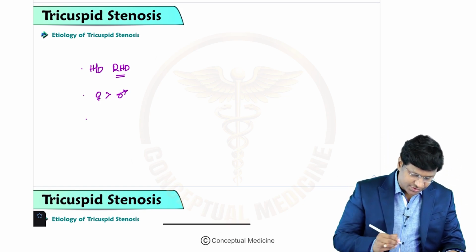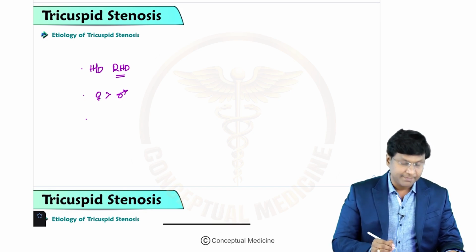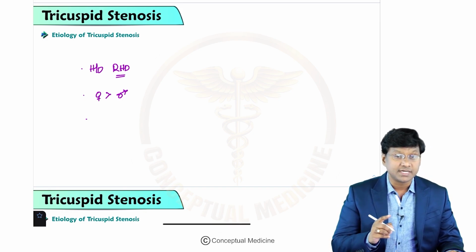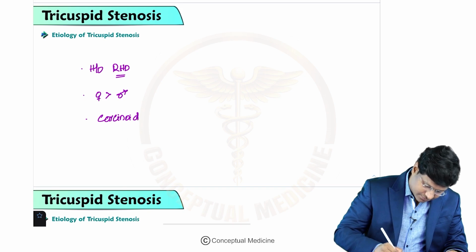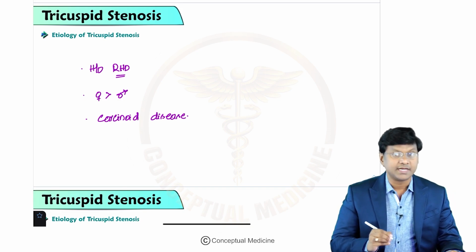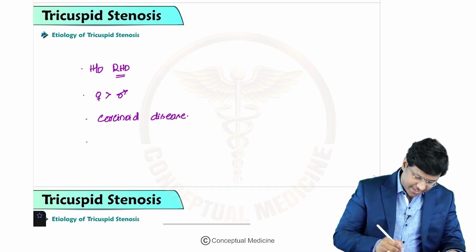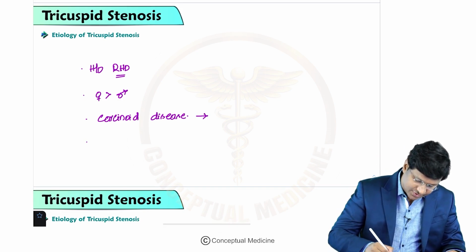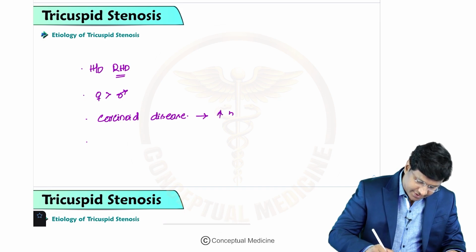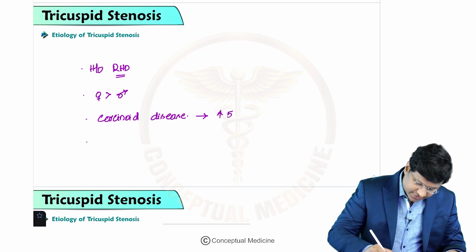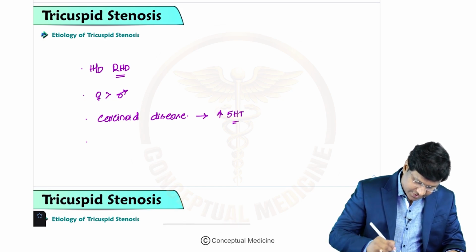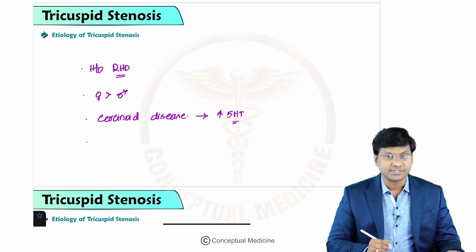Other etiologies which will cause tricuspid stenosis apart from rheumatic heart disease is carcinoid disease. And what is this carcinoid disease? It is a disorder characterized by an increase in 5-hydroxytryptamine.